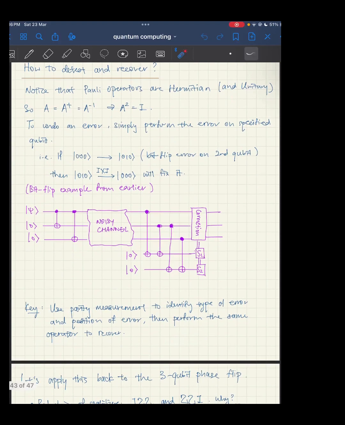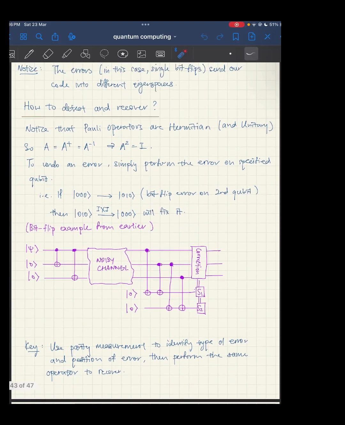So the key idea here, drawing from the earlier bit flip example, is to do some sort of parity measurement to identify what kind of error as well as the position of the error. Because once we know those two pieces of information, we are able to simply perform that same error operator on that specific position, and we can recover from the error.